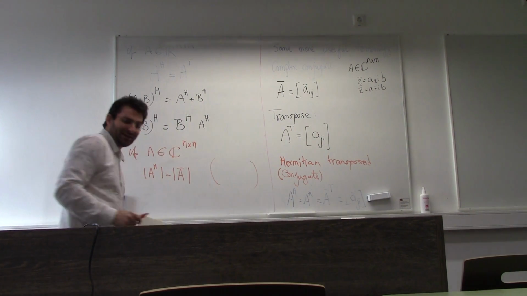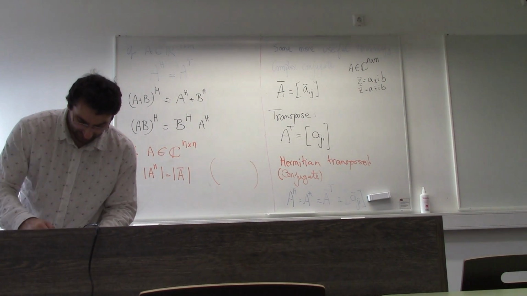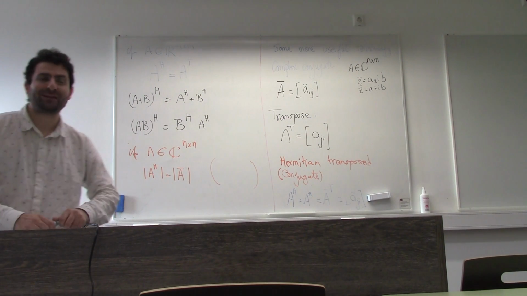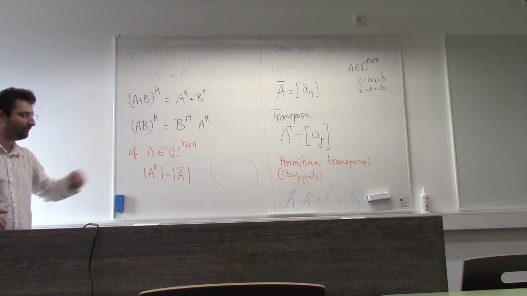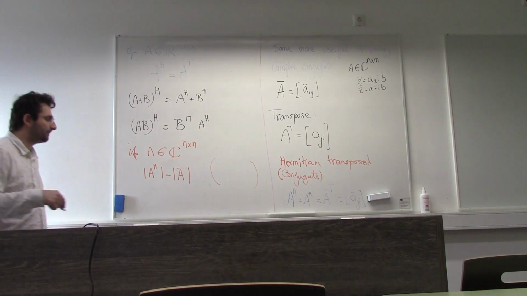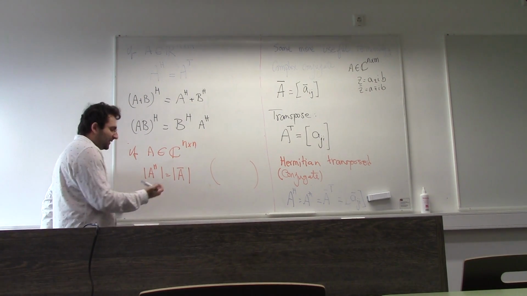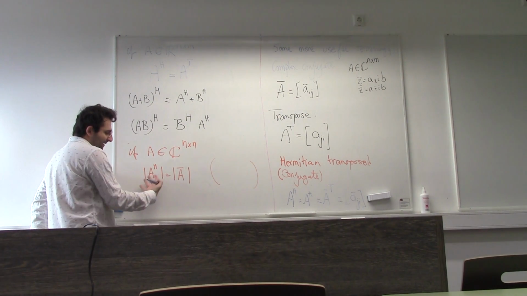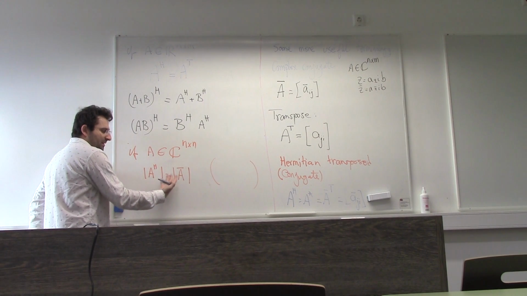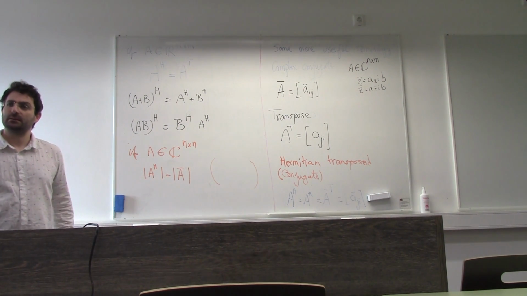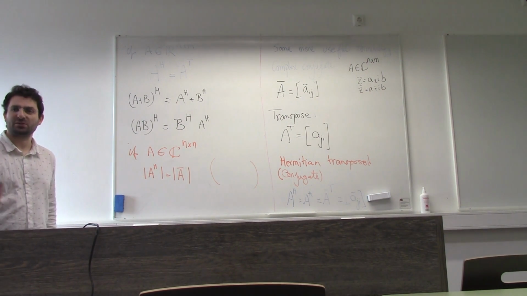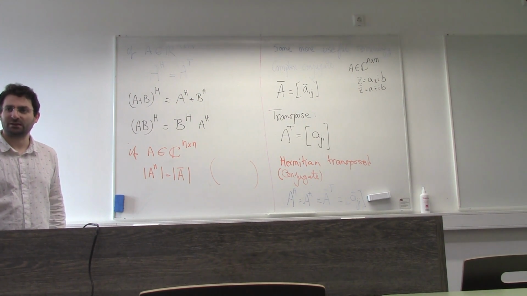Can you tell me what is the real term? Like if A was an S-square real matrix, how can I write this one? If it is complex, A Hermitian is equal to A conjugate. The determinant of A Hermitian is equal to the determinant of A conjugate.